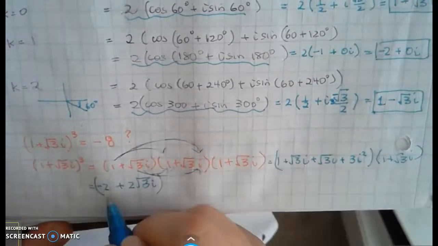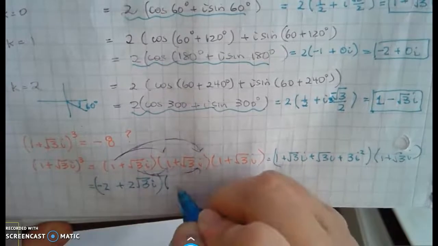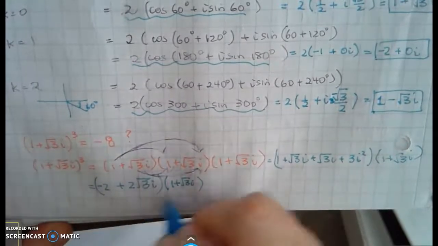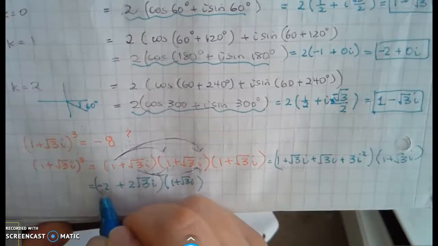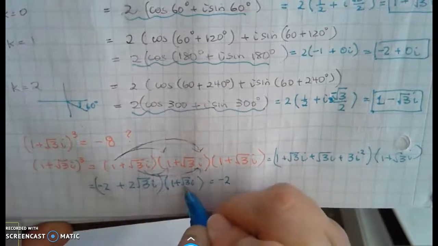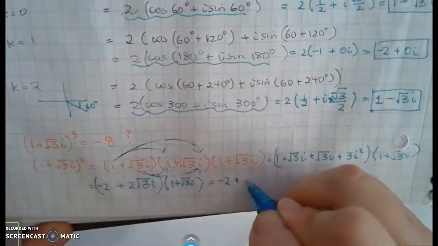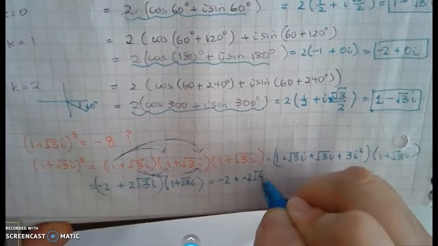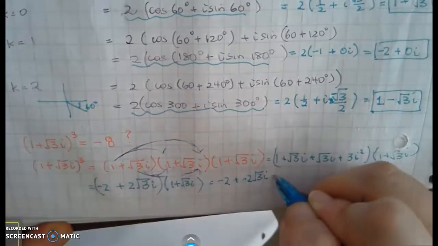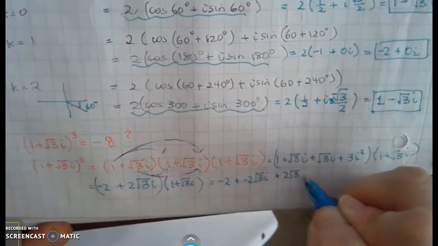So this simplifies to this, and then we are going to multiply that by 1 plus root 3i. And I am going to again use the distributive property. Negative 2 times 1 is negative 2. Negative 2 times root 3i is going to be negative 2 root 3i. Positive root 3i plus 1 is going to be positive 2 root 3i.